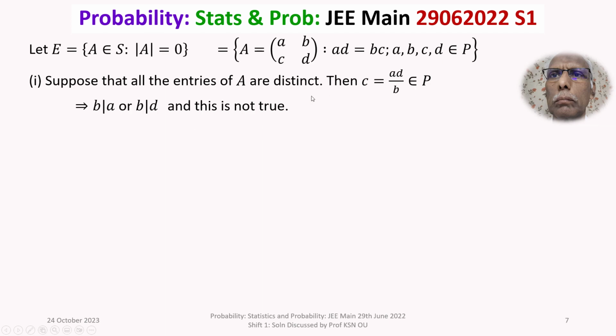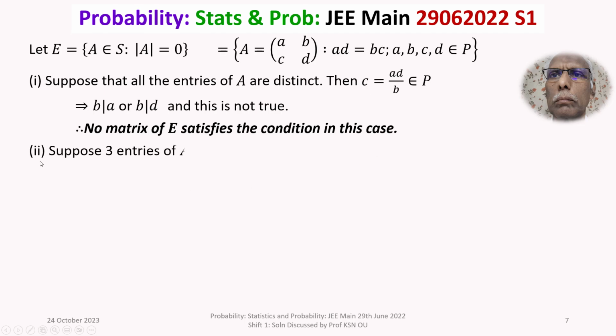In the set of first 10 primes, no one divides another. So no matrix of E satisfies the singularity condition, that is AD is equal to BC, in this case.